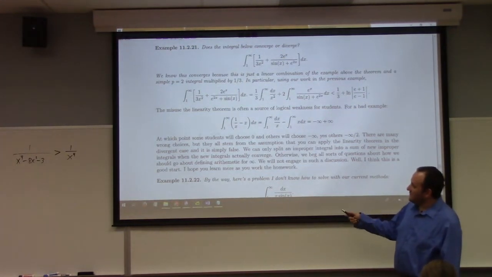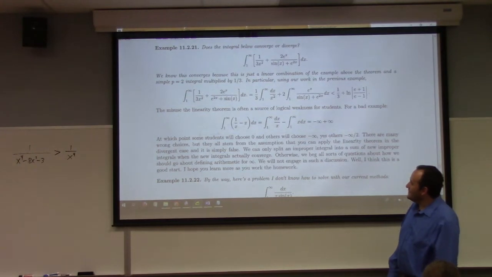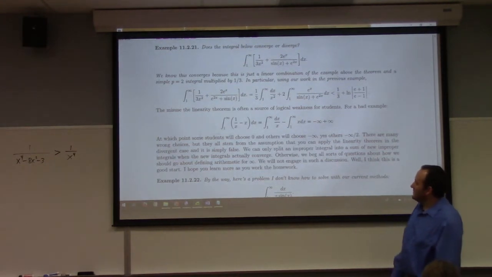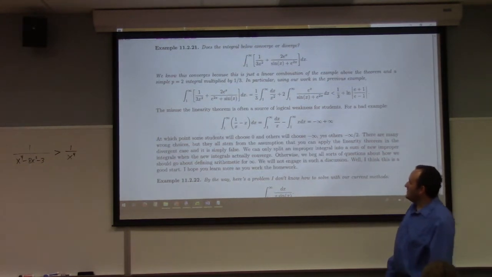For example, the integral of 1 over x minus x, on paper, if you separate these integrals, you get minus infinity for the first one, and infinity for the second one. Well, wait a minute. Vice versa, I think. Let's see here. Yeah, minus and, well, I think that's just minus infinity minus infinity. Ay, ay, ay. What do you guys think?